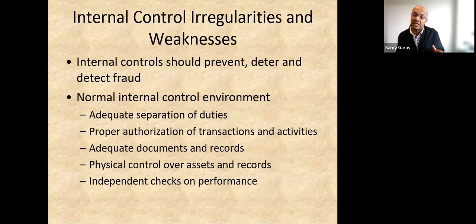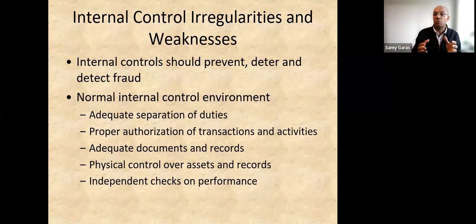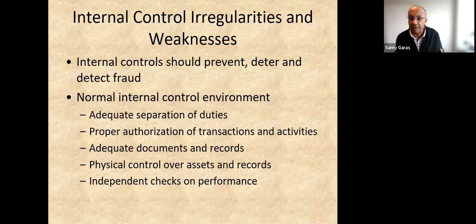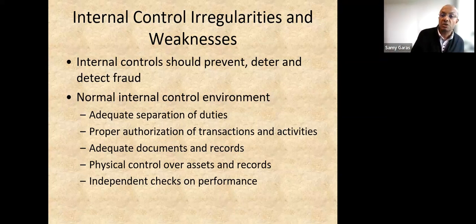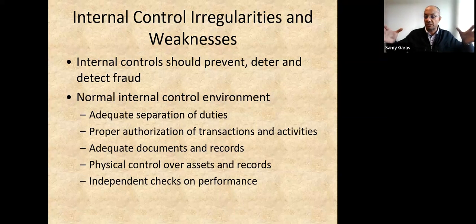Then, apart from the financial records and the red flags, we check the internal control environment to see if there is any irregularity or weaknesses in the internal control that doesn't discover or deter the fraud. So we check the segregation of duties. It means that the job is done by 2 or 3 different persons to make sure that if one person made an error or fraud, there is another person to find it out.